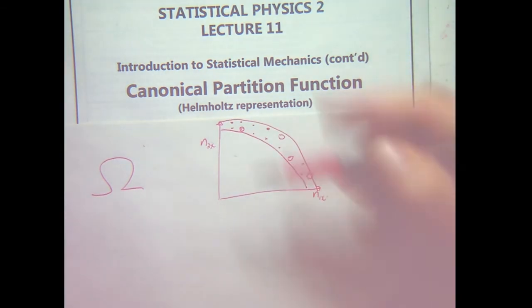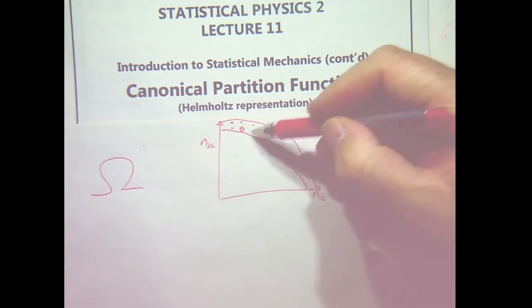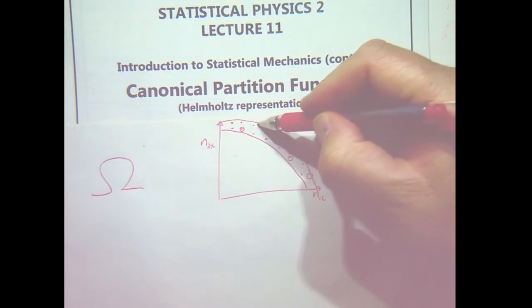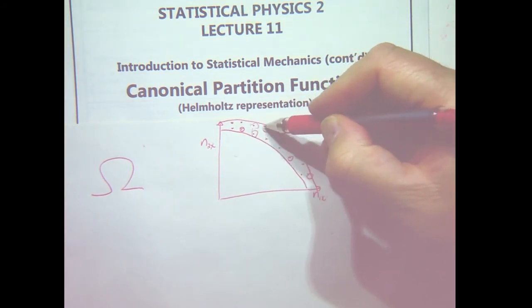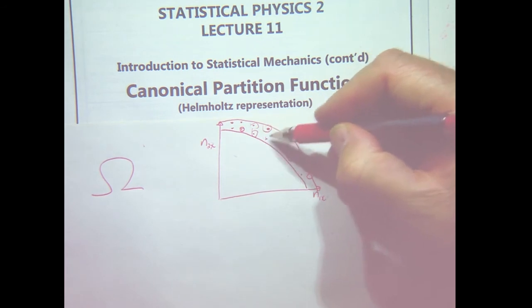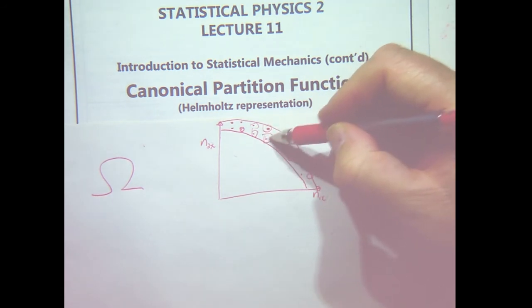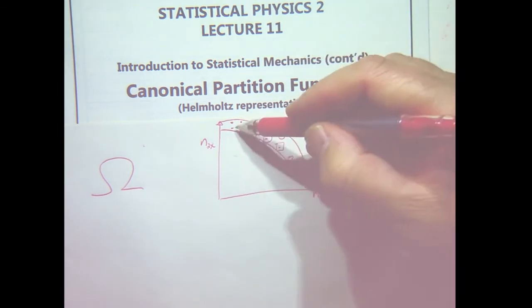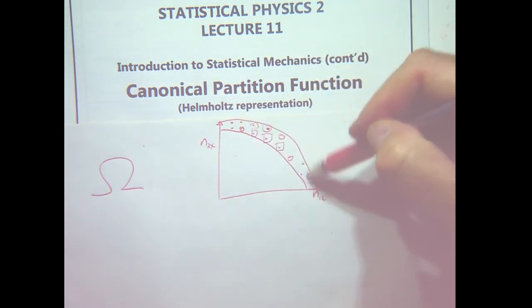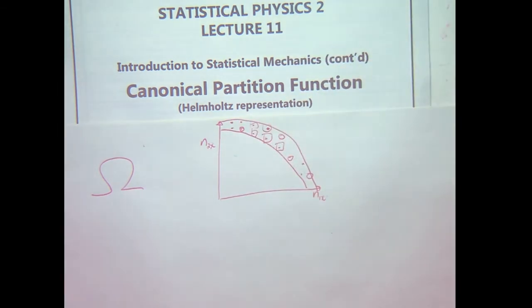Otherwise, in the semi-classical picture, if each of these is a unit volume, and you just say that the volume equals the number of states, then you're overcounting. Anyway, that's something that I want to point out.